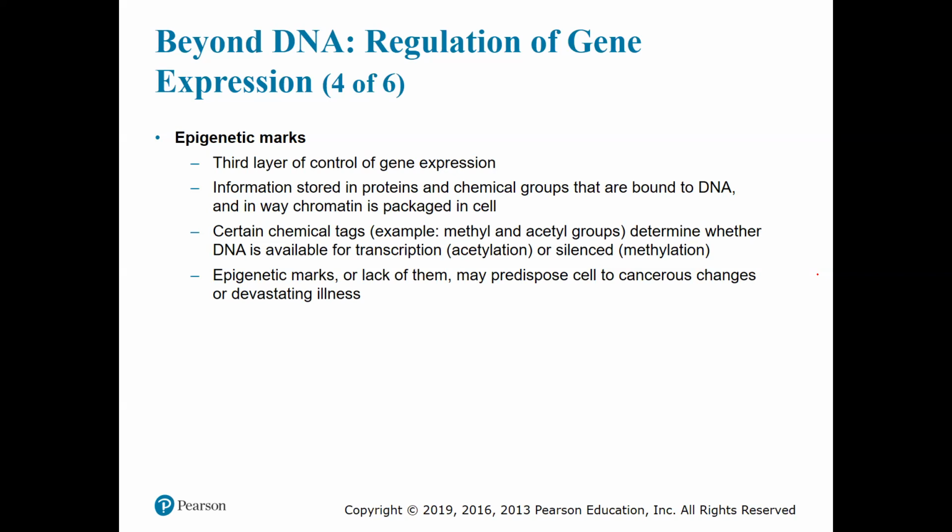At some point in development, ideally, we wipe out all the markers and we start fresh. That's so that we can have that multipotent stem cell at the top. And then we start putting epigenetic markers back on to silence certain genes. But sometimes that process of wiping the slate clean doesn't happen fully appropriately. And so then we can inherit certain things that are silenced or certain things that are activated inappropriately.